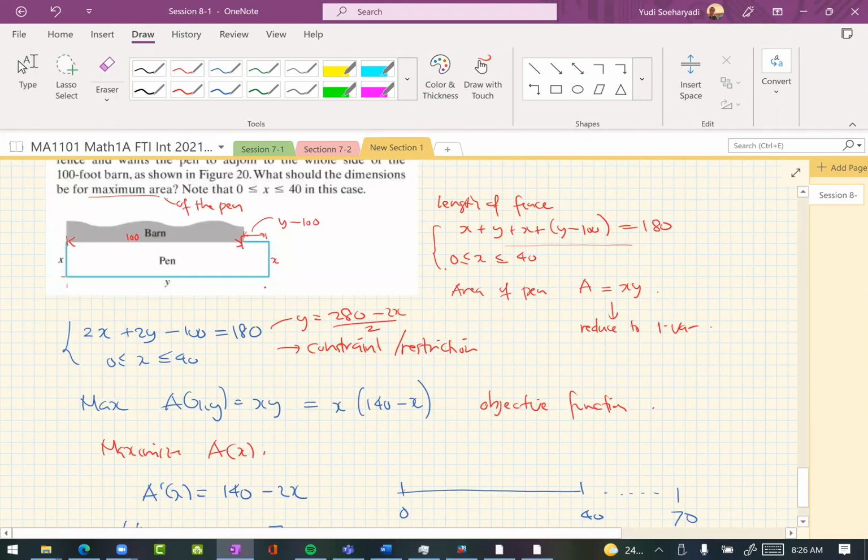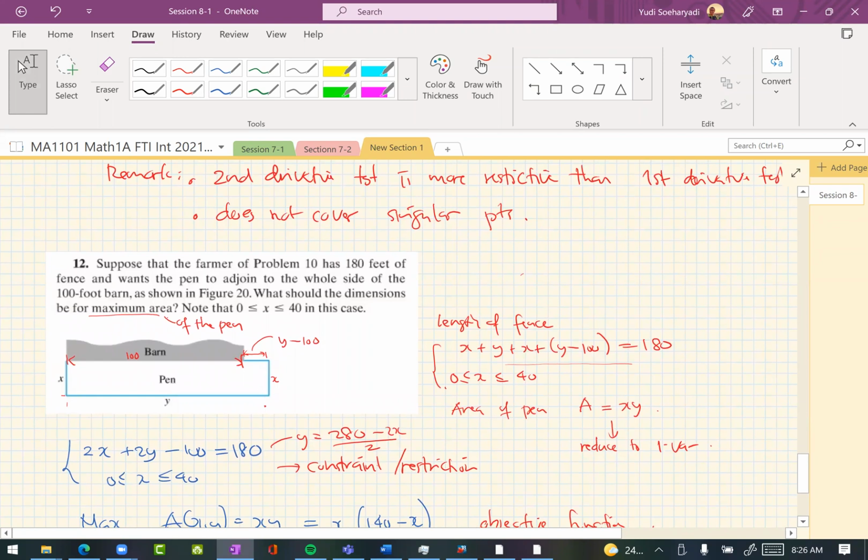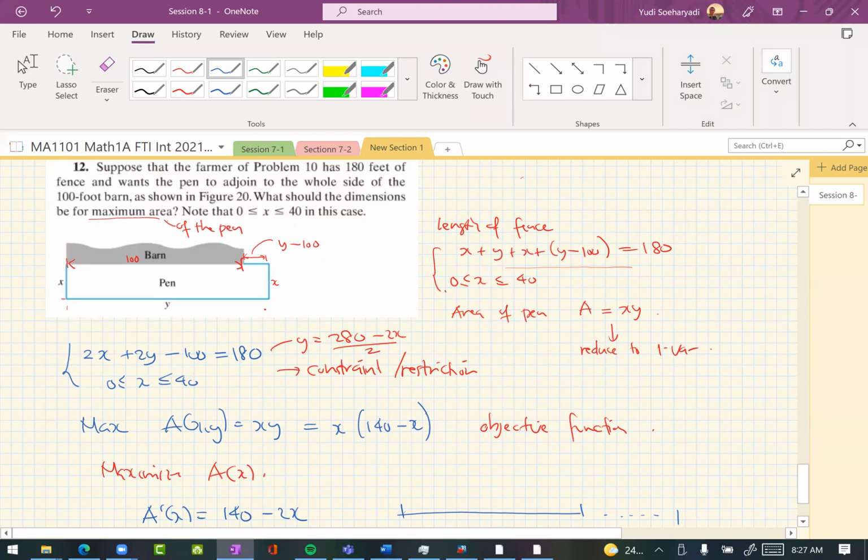Made a mistake or not? X, Y. We make a mistake. X to Y minus 100, 180. 80, 3 minus X.